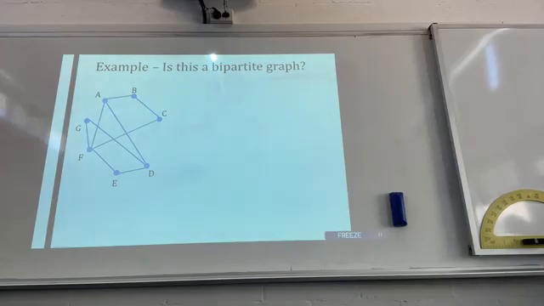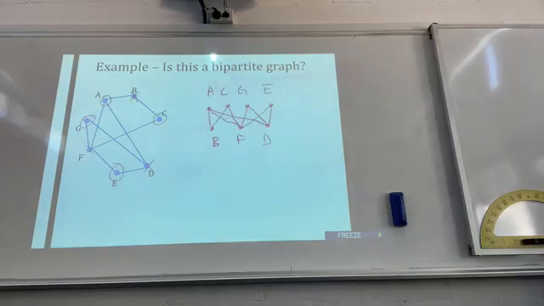Alright, label them. I don't know, I just do it because it looks cool. Is this a bipartite graph? Yes. I think it helps if you label them. If you start off from 1, you can see that it is.